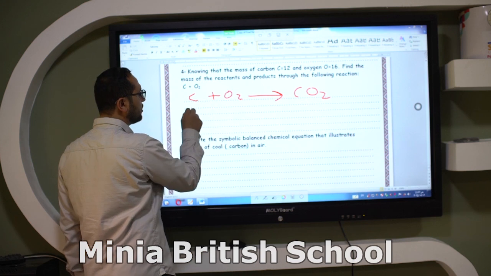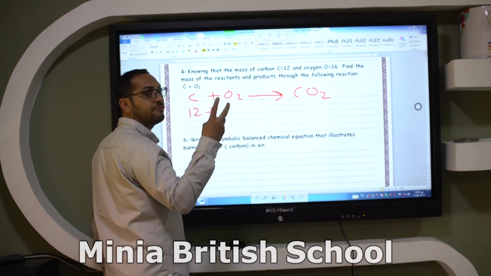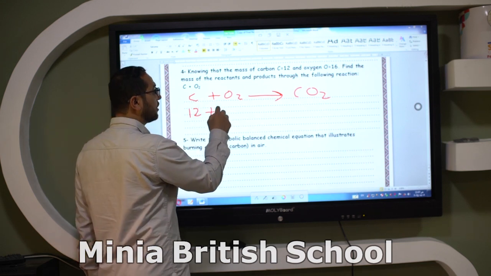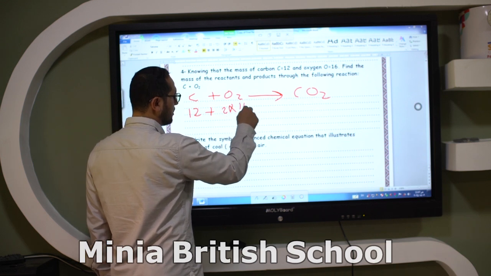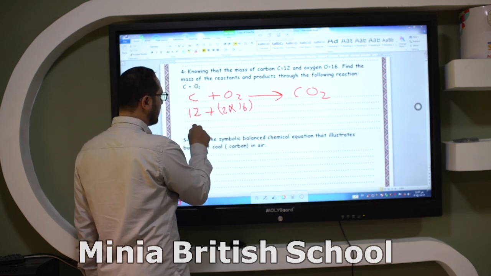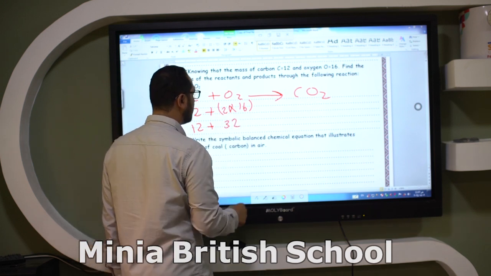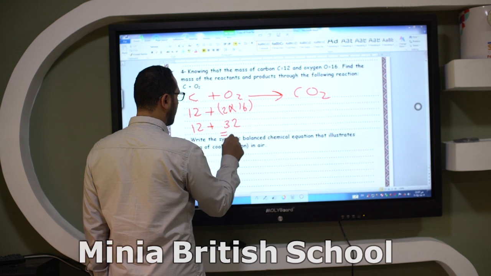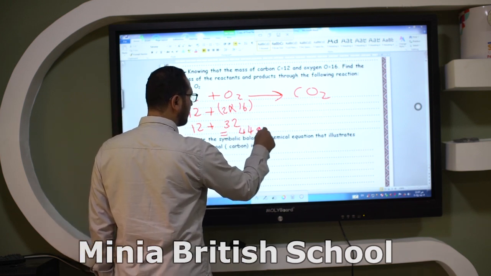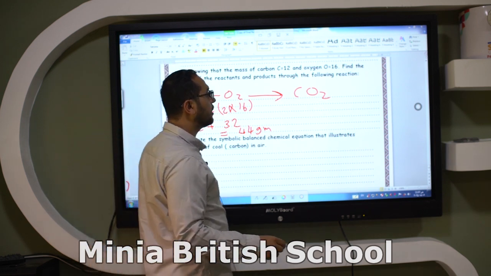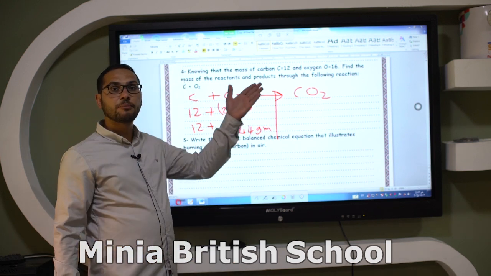The mass of carbon 12 and the mass of oxygen, we have 2 oxygen here, okay, 2 times 16. 12 plus 32 equals 44 gram.